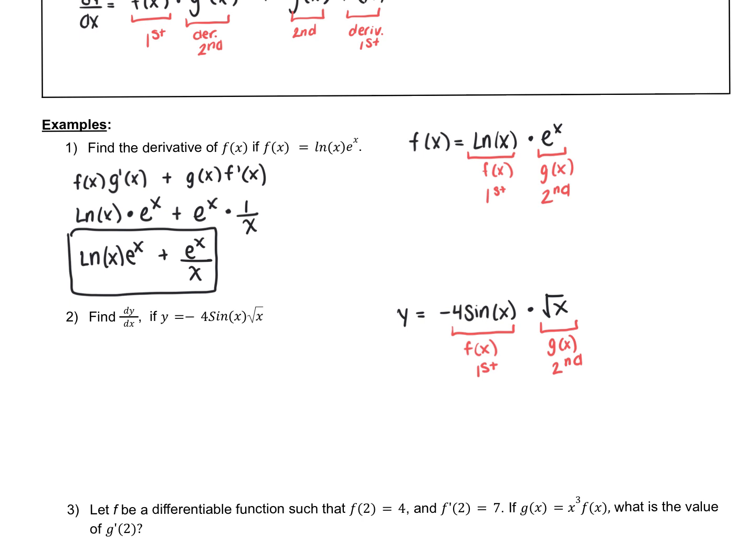And we can take our derivative now. So the formula is first times the derivative of the second plus second times derivative of the first. So the first value is -4 sine of x. We're going to multiply that by g prime, which is the derivative of radical x.